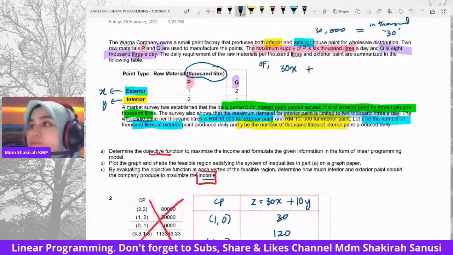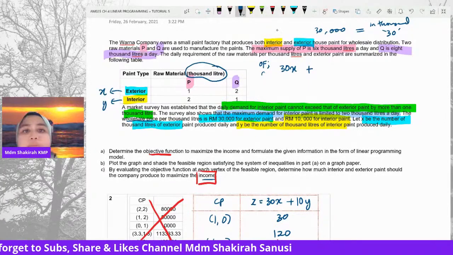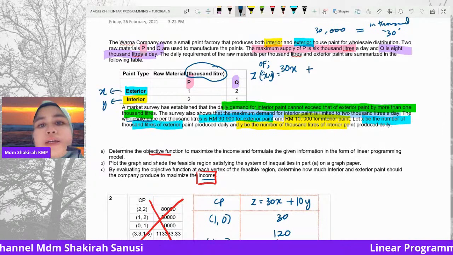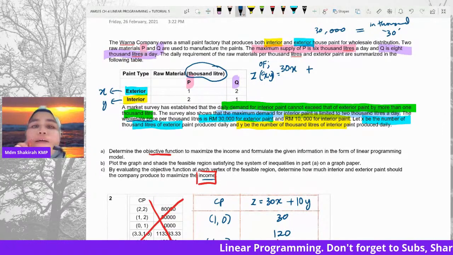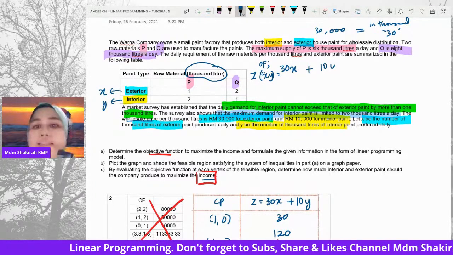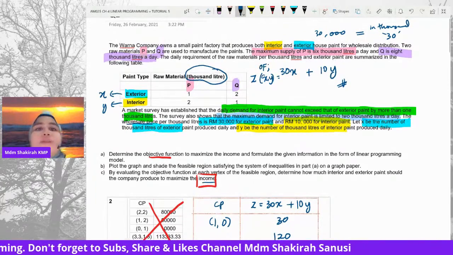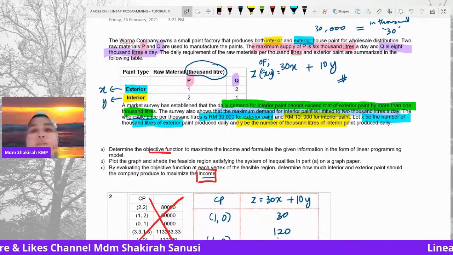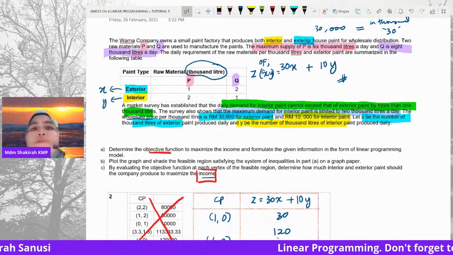Kat sini disebut pasal price, so kita takkan pakai C, kita takkan pakai profit punya simbol. Kita pakai Z, ZXY. So 30x plus 10y. That's it, our objective function. Sebab tu dalam table dia letak perkataan 1,000 liter tu. Sebab kita nak nisbahkan. Kita tak nak pakai ribu-ribu tu. Kita nak simplify kita punya value.